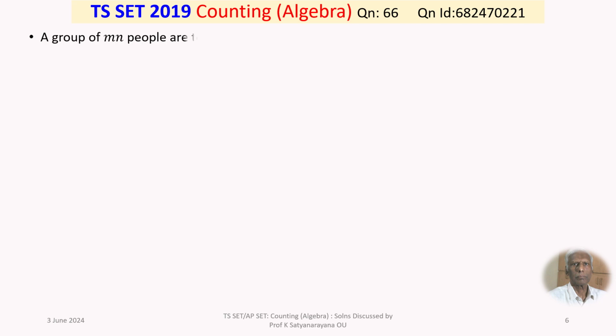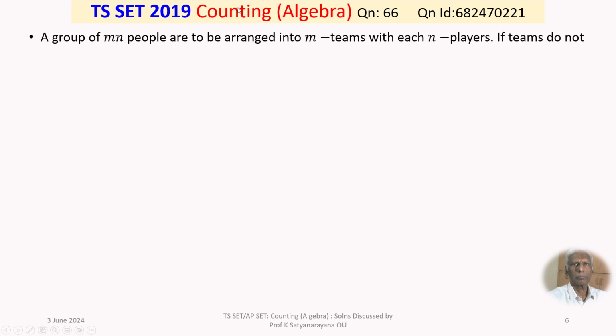We first go to a question that has come in TS SET 2019, question number 66, from algebra, and it is related to counting. A group of mn people are to be arranged in m teams with each n players.